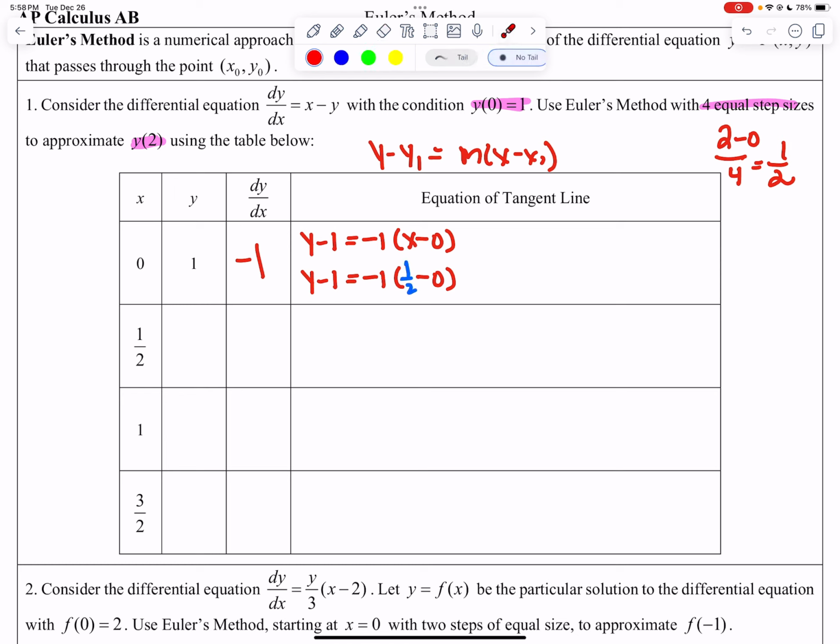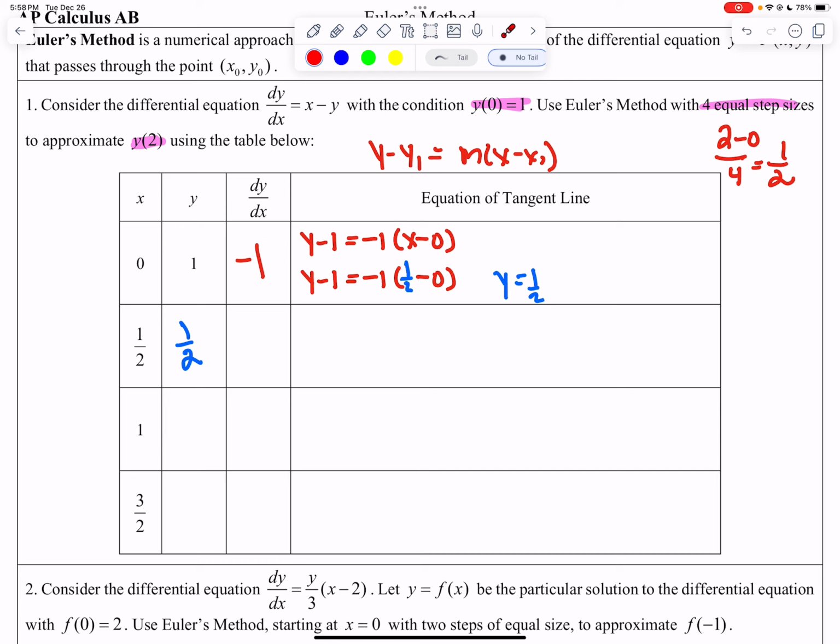So notice how here I have negative 1 times 1/2, which is just negative 1/2. And then if I were to add 1 to the other side, this means that my approximation is 1/2. There we go. So y is 1/2 using my approximation.